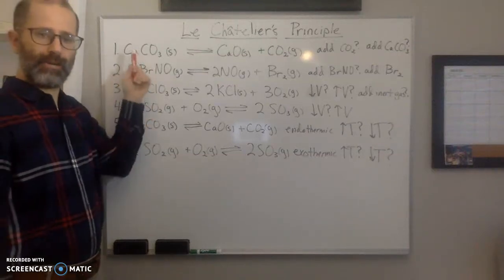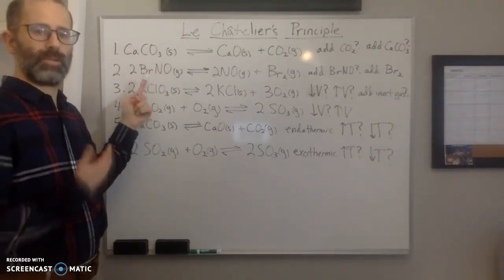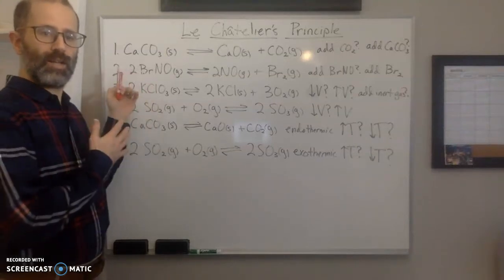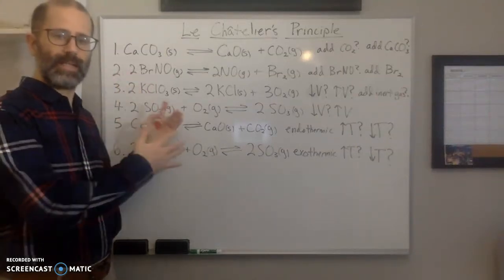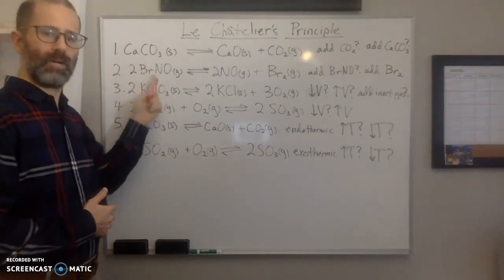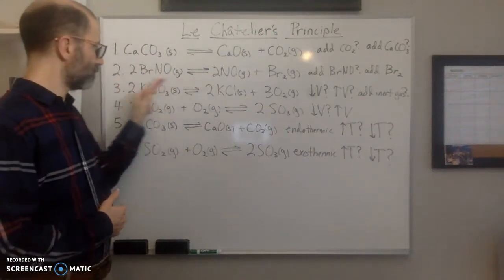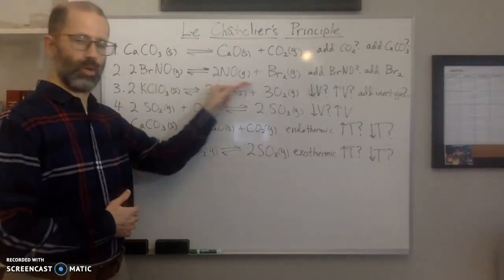Again, you're going to increase the amount of reactant, so now it's not going to be at equilibrium. The reaction is going to shift to go back to equilibrium. In order to do that, you've got to get rid of some of that reactant you added. So it's going to shift this way and go towards the reactants.